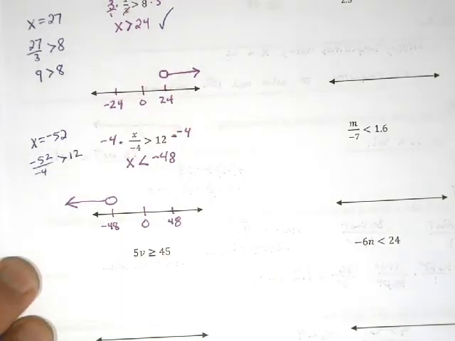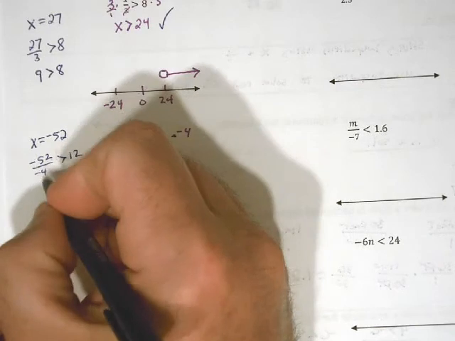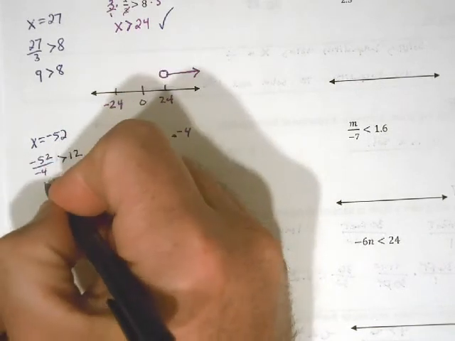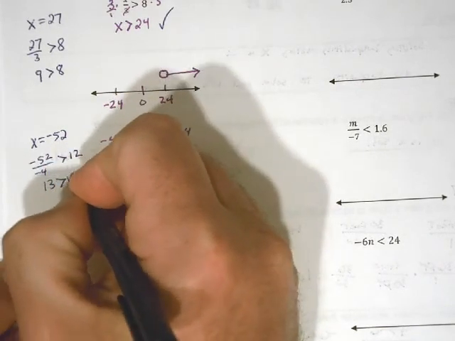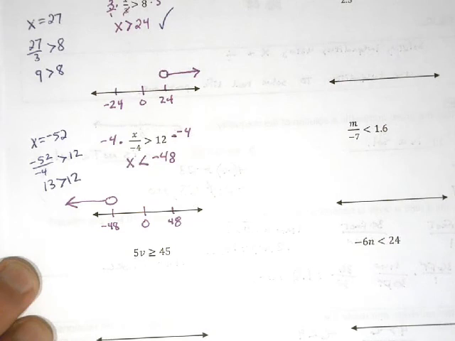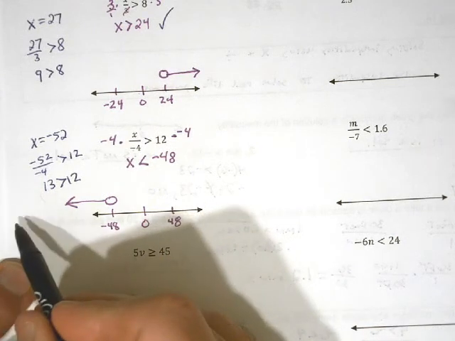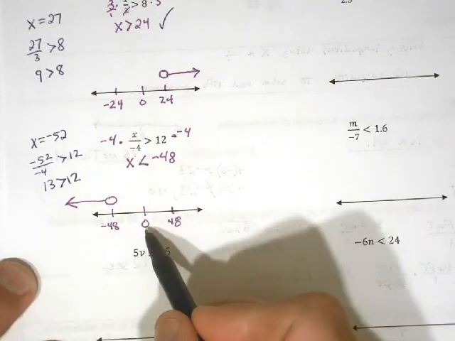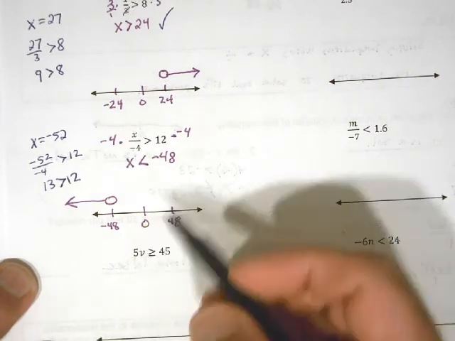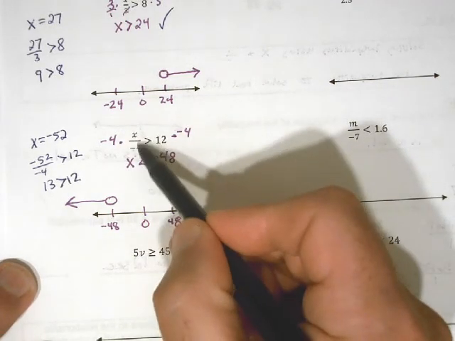So when I plug that in, minus 52 divided by a negative 4, that all has to be greater than 12. Well, 52 divided by 4 is going to be negative over negative, positive 13. And is 13 greater than 12? And again, the answer is yes. So I know that I have my shading going the correct direction.